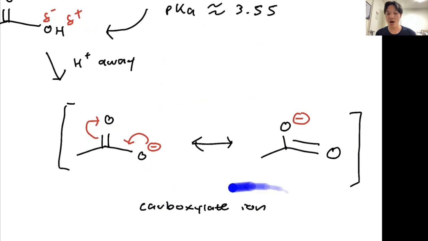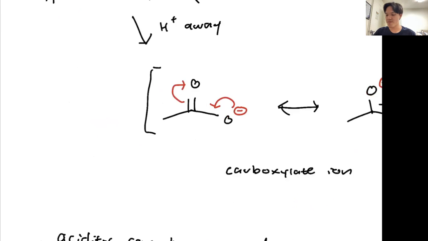It's called a carboxylate ion. So these play an important part in our body. And these are found in a lot of amino acids because of the fact that they have this negative charge over here, and they have the ability of electrostatic interaction as well as dipole-dipole or ion-dipole interactions, right? So again, carboxylate ions, right?